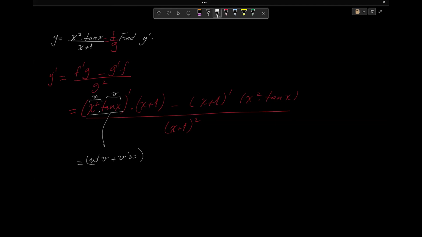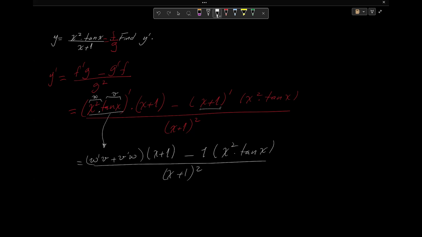This is here. Times the x plus 1 minus. What's the derivative of x plus 1? It's a straight line. Its slope is 1, so the derivative is 1. Over x plus 1 squared. So what's w prime? That's x squared prime times tangent x plus tangent x prime times x squared.